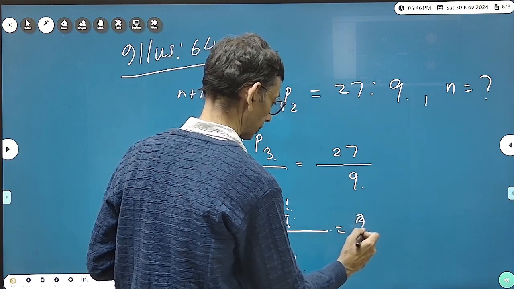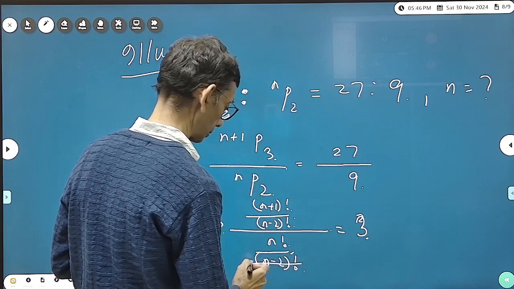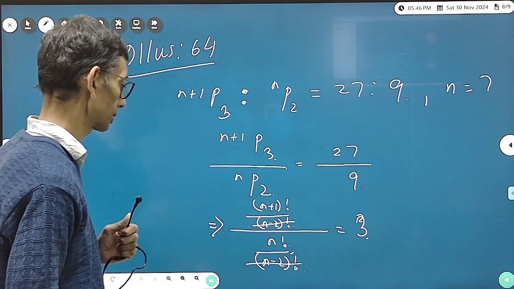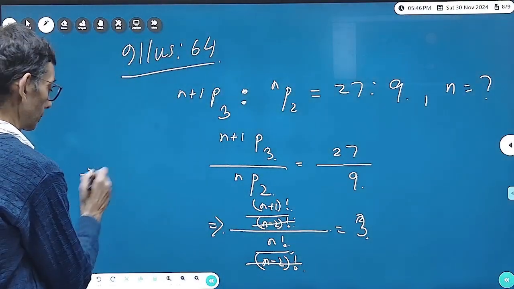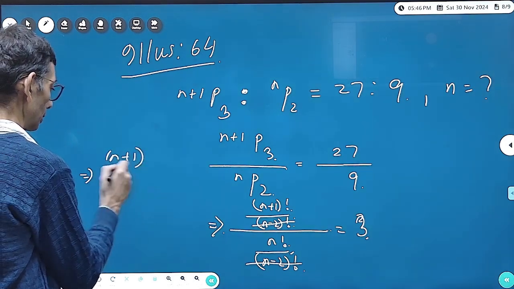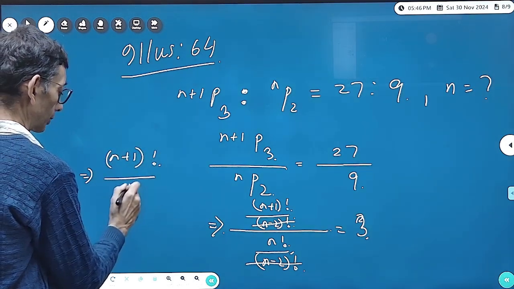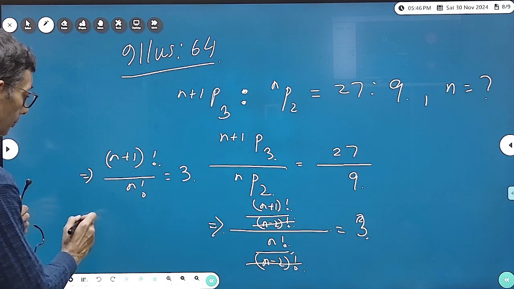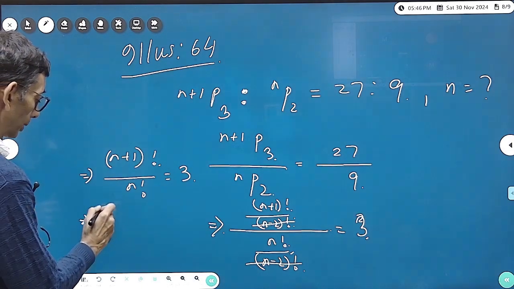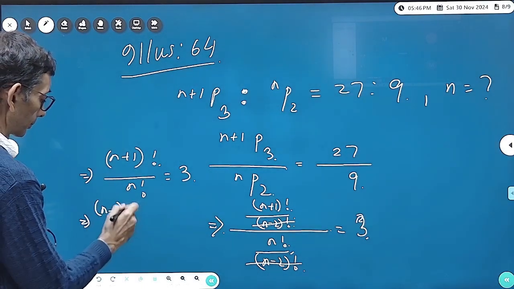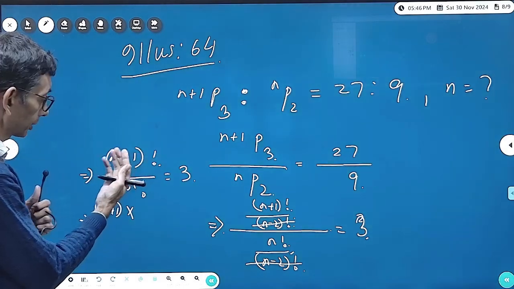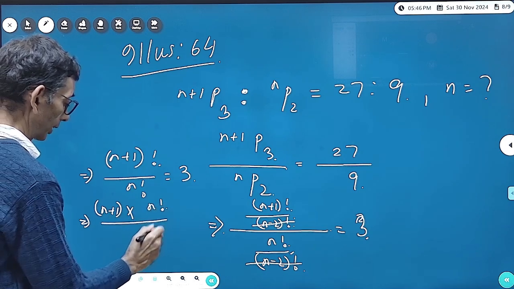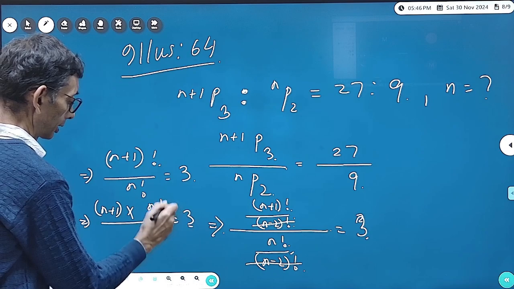Nine threes are 27. The (n minus 2) factorials cancel, as the denominators are the same. So (n plus 1) factorial divided by n factorial is equal to 3. From (n plus 1) factorial, (n plus 1) can be taken out, then n factorial remains, divided by n factorial, equal to 3.